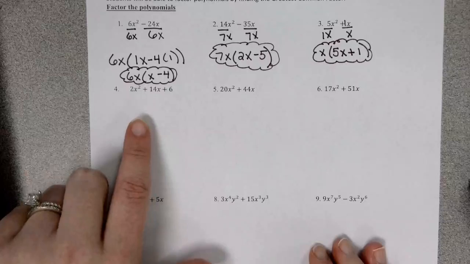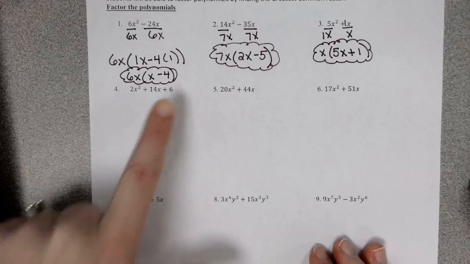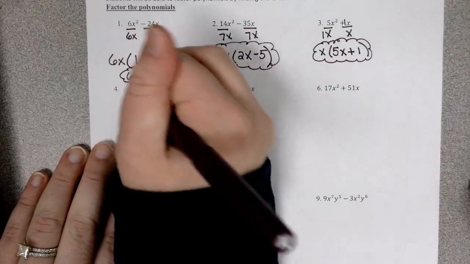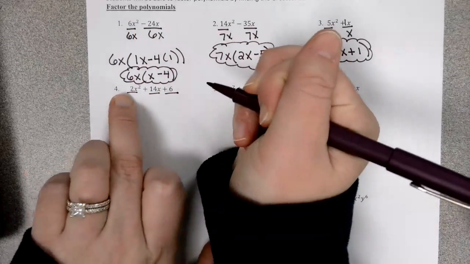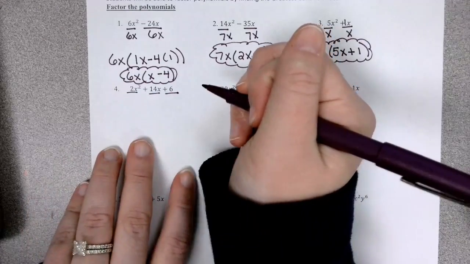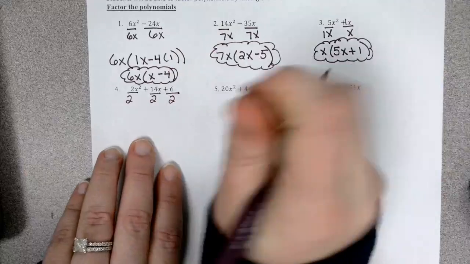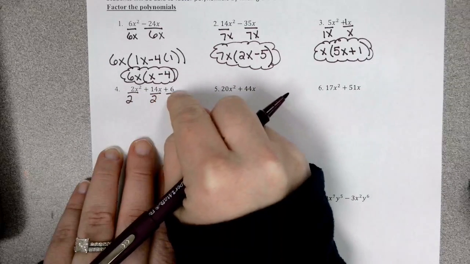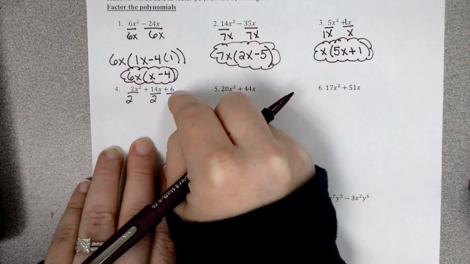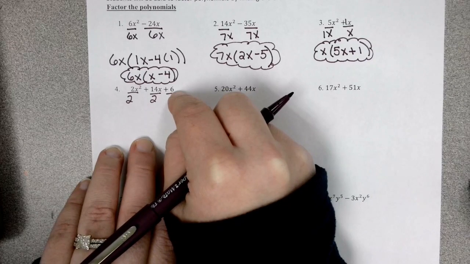Now let's look at number 4 together. 2x squared plus 14x plus 6. There are 3 terms this time. I'm going to look at all 3. Look at the coefficients first, which are 2, 14, and 6. The greatest common factor of those 3 numbers is 2. Now I look at the x squared, the x, and because there is nothing connected to the 6, I can't take any x's out.